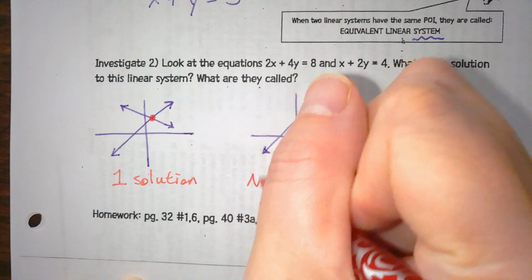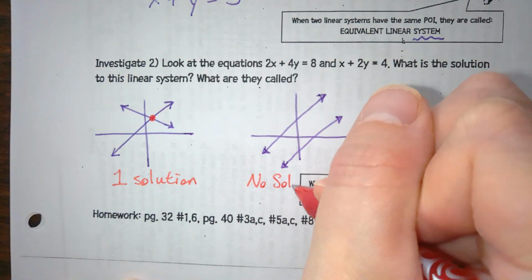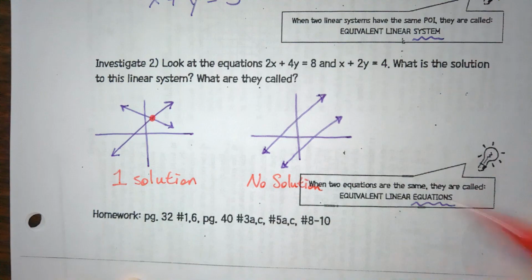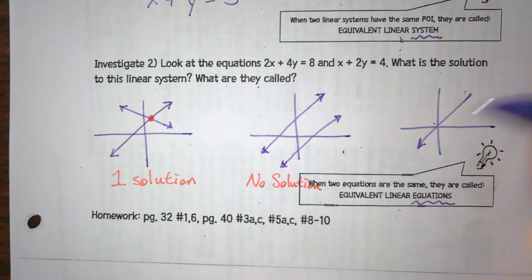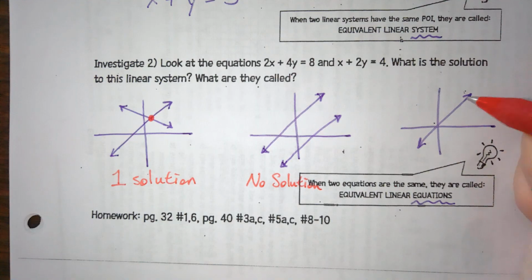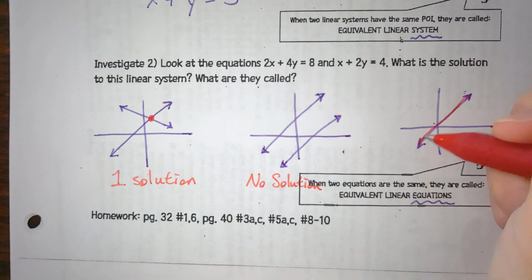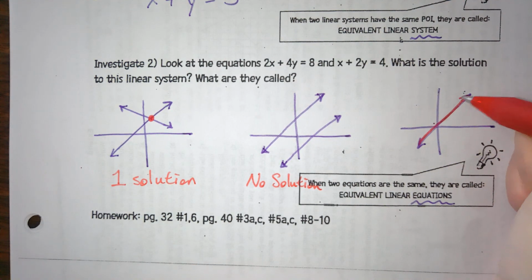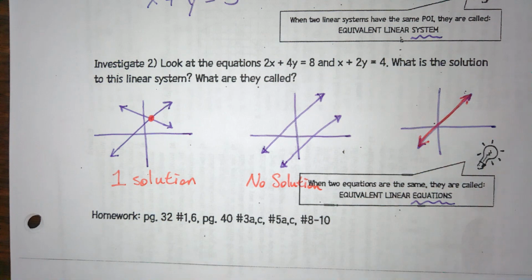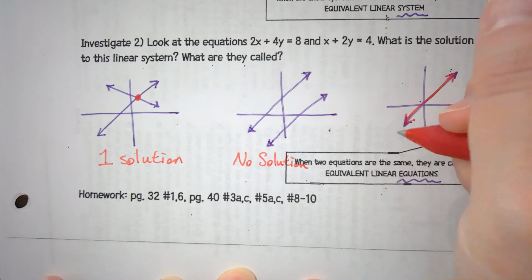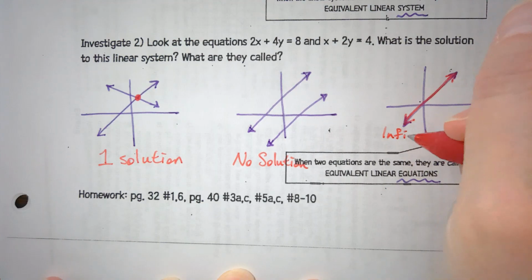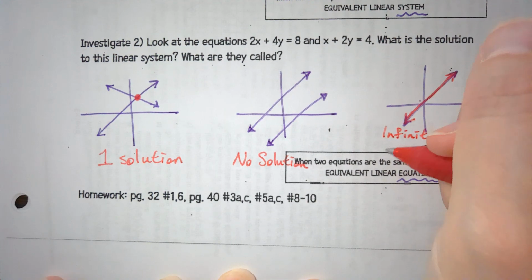So there's no solution because they never cross. What if I have this line and this line, what we were just talking about? When we graph it, we get the exact same line. How many solutions are here? Infinite. Infinite number of solutions, because every single point is crossing each other. Infinite solutions.